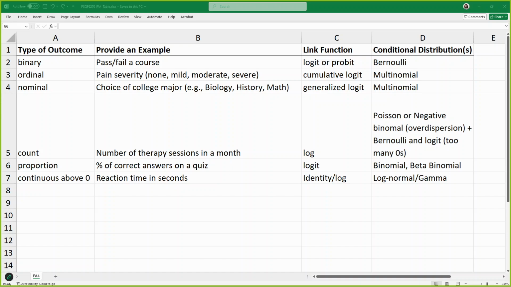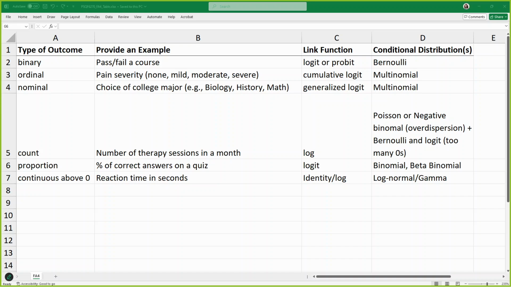For example, the number of therapy sessions in a month, or the number of foods tried. In those cases, we can use a log link function now, and we have different options for our conditional distribution depending on some features or characteristics of our dependent variable. For instance, if we have overdispersion, we could use a negative binomial distribution instead of the Poisson distribution, which is the one that we can use by default.